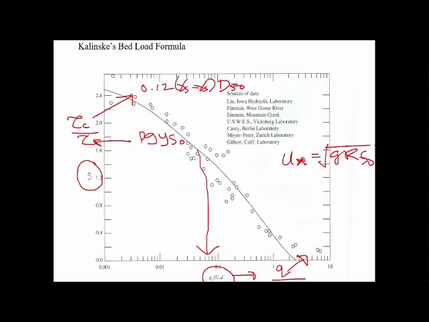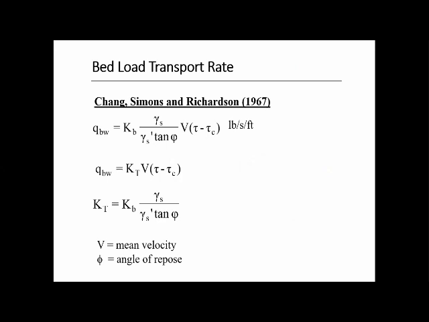Okay. And then further, last but not least, Chang, Simons and Richardson in 1967 developed this equation based on data from the Colorado rivers case study.